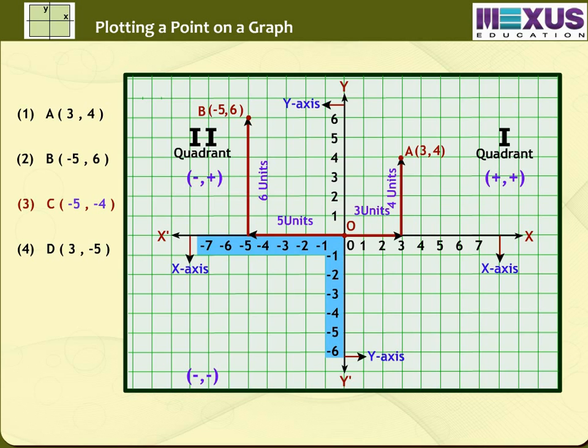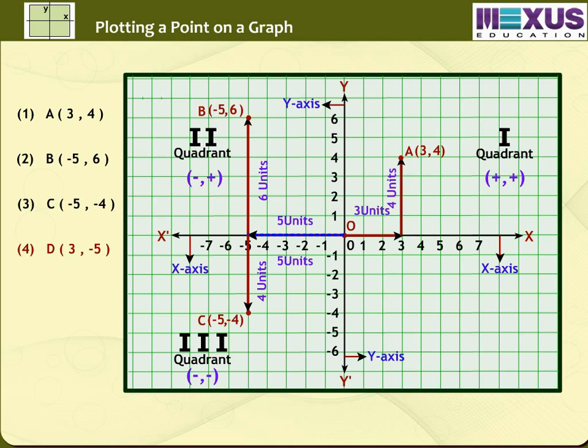Here both are negative, hence the point C(-5, -4) lies in quadrant 3, the region between X'O and OY'. Now start at the origin, move 5 units to the left along the x-axis. Then turn and move 4 units down parallel to the y-axis and mark the point C(-5, -4).